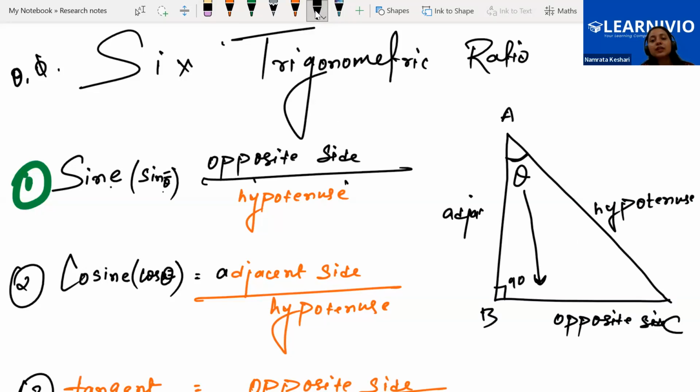Whatever angle is marked, the side opposite to that angle is called the opposite side. So here BC is the opposite side, AB is the adjacent side.